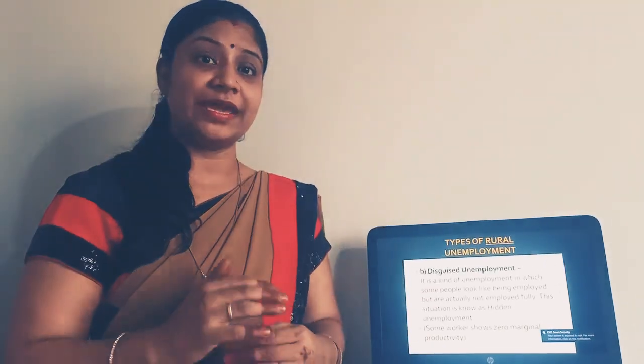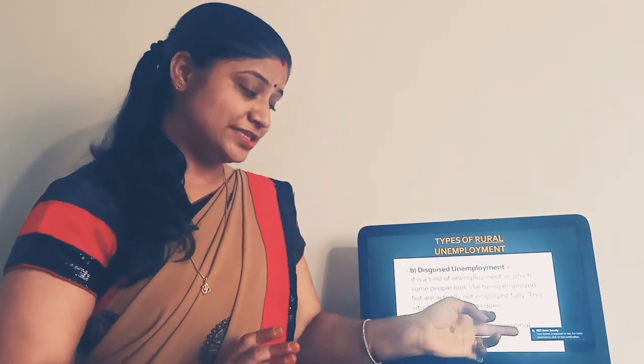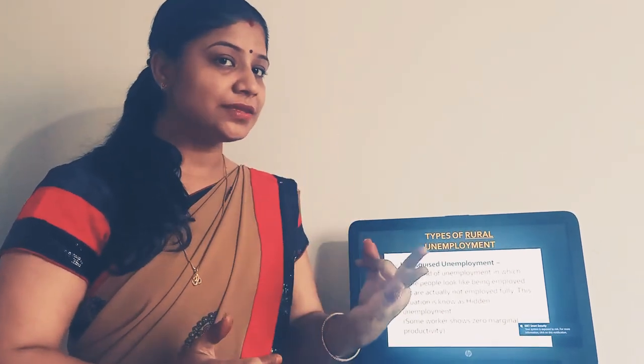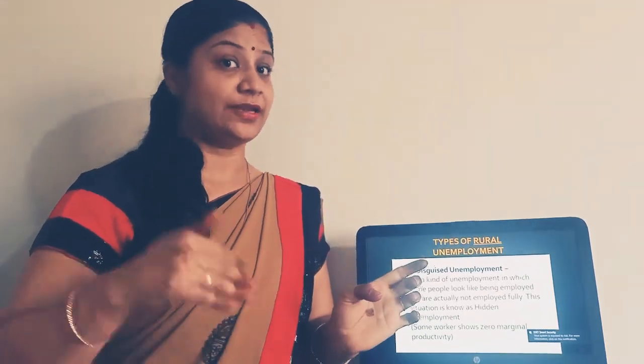They are not doing any work. Even if they are not employed, the output will be the same. So that is called some workers show zero marginal productivity. Those 3 workers do not show any marginal productivity. Though those 3 laborers are disguised unemployed, the other 5 are employed.